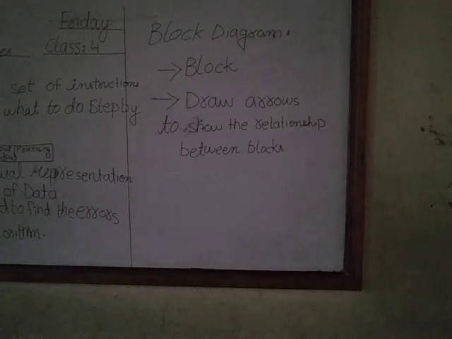In our math example, we draw circles: write 12 inside the circle, write 6 inside the circle, write 3 inside the circle. But in a block diagram, we draw blocks.